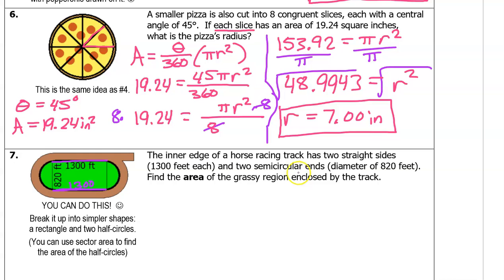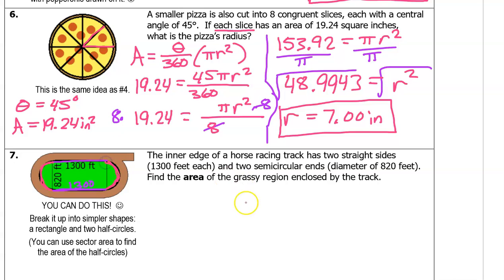And 2 semicircular ends with a diameter of 820 feet. Okay, so this is a semicircle, meaning half of a circle. And this is also a semicircle.